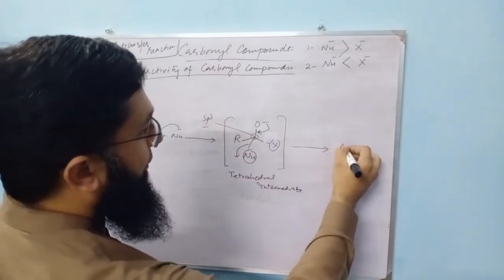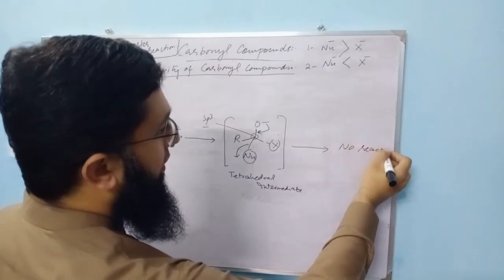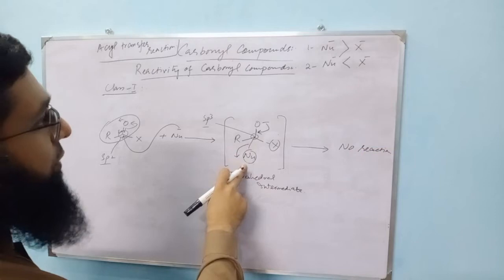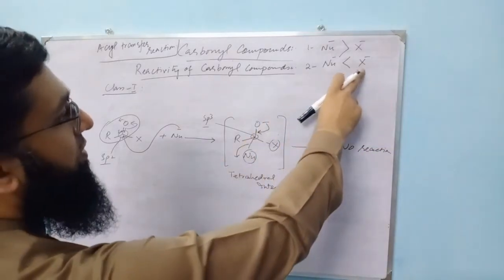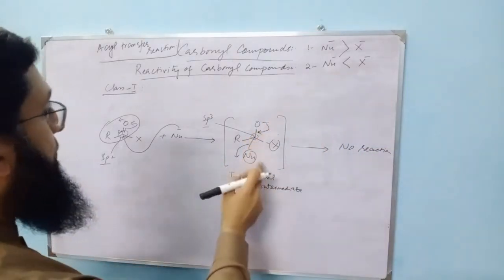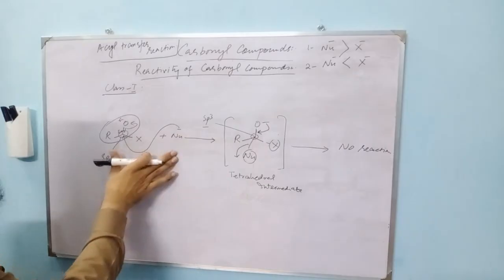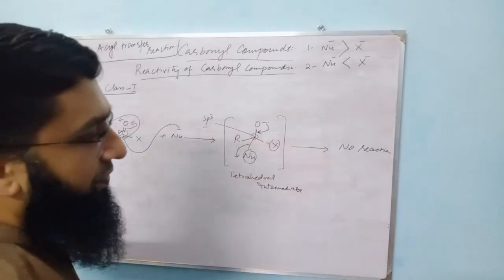Here we will get no reaction because the incoming nucleophile is a poor base or weaker base as compared to the existing group, so the backward reaction would take place again and we will get the starting material, so no forward reaction would occur.